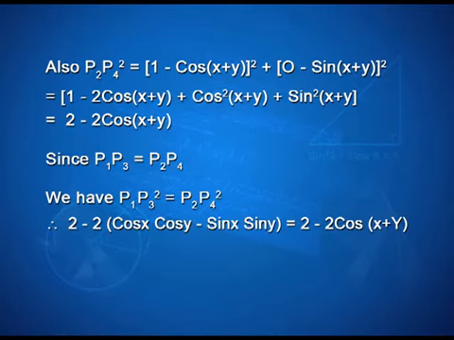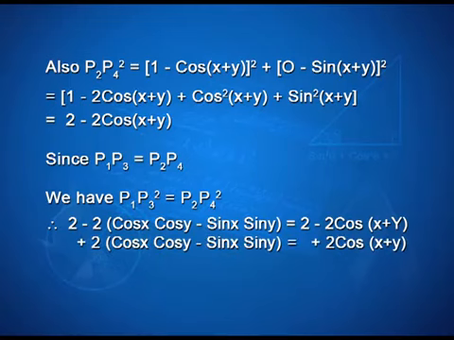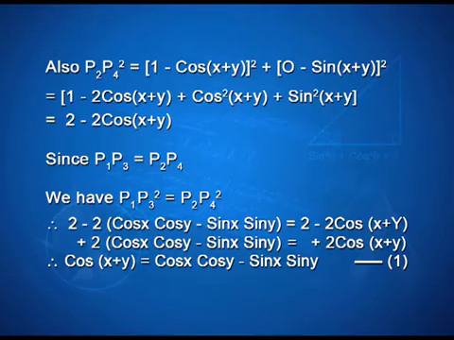That means 2 minus 2 times cos x cos y minus sin x sin y is equal to 2 minus 2 cos of x plus y. 2 being common on both sides, they cancel out and we get cos x cos y minus sin x sin y is equal to cos of x plus y. Now, we observe cos of x plus y can be expressed as cos x cos y minus sin x sin y. This is an identity we can use to solve problems.